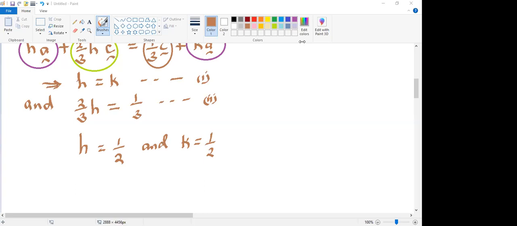Emerson? Master, please pardon me on that law you have used. The rule that we are using, we are saying, what did we say? When two vectors are equal and they are not parallel.